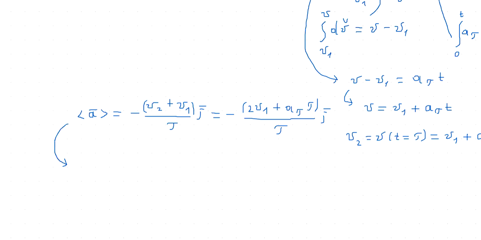So the modulus of a is equal to the square root of 0 to the power of 2 plus minus 2v1 plus a tau divided by tau to the power of 2, plus 0 to the power of 2.